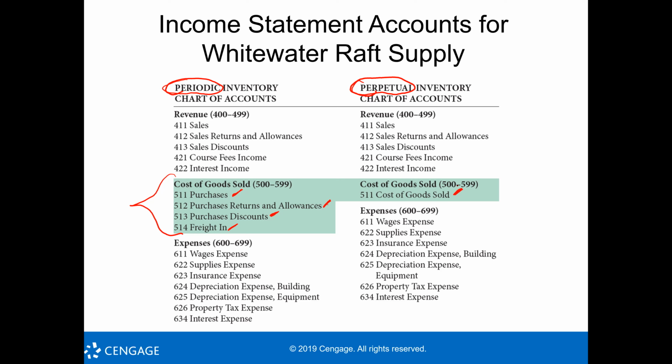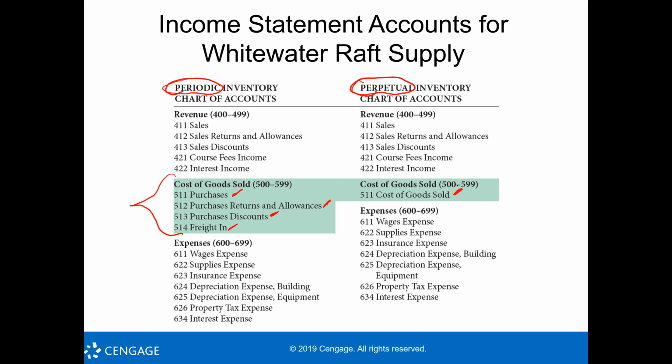So remember, on the perpetual side, purchases are recorded as a debit to merchandise inventory. Purchase returns and allowances are recorded as a credit to merchandise inventory. Purchase discounts are recorded as a credit to merchandise inventory. Freight in is a debit to merchandise inventory.